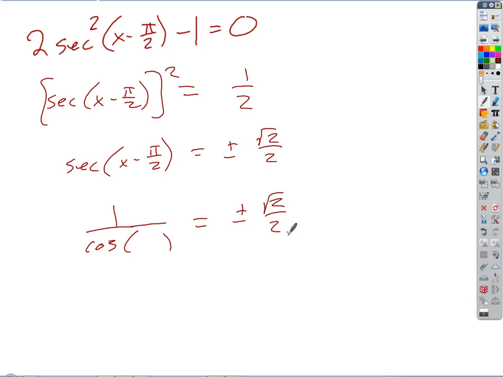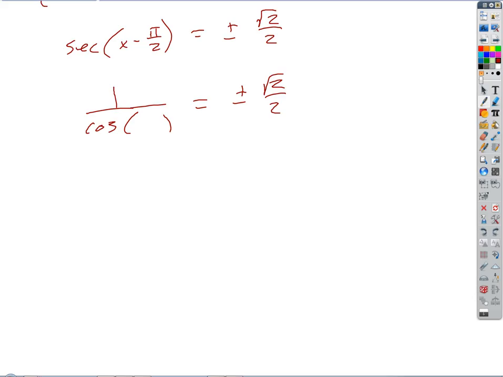So I get cosine of x is equal to plus or minus 2 over the square root of 2, which is the square root of 2. Does cosine ever equal a value greater than 1 or less than negative 1? No. So are there any critical numbers here? No, there aren't.